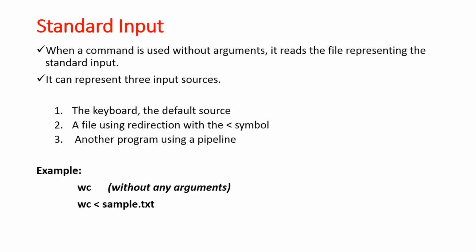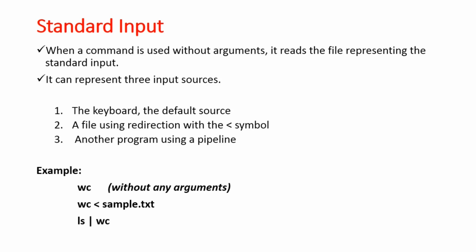Third one, another program using a pipeline. Here you can use a pipeline to give the output of one command as input to another command. For example, the first command, ls, lists all the files, and that output is given to another command, word count.